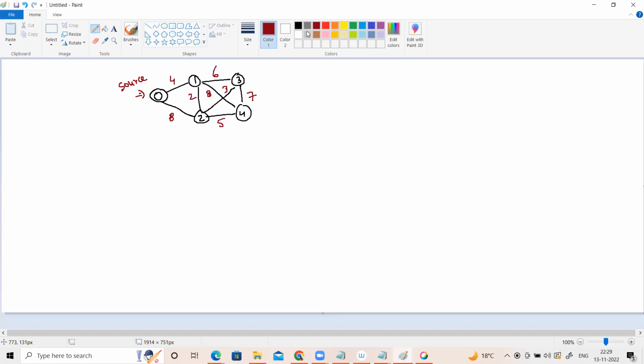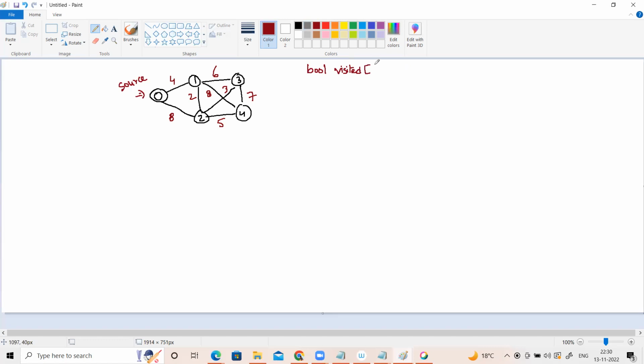So at the very beginning, we have decided that we will be having two lists. One is visited, another one is unvisited. Now this we can put through a Boolean array, a single visited array.